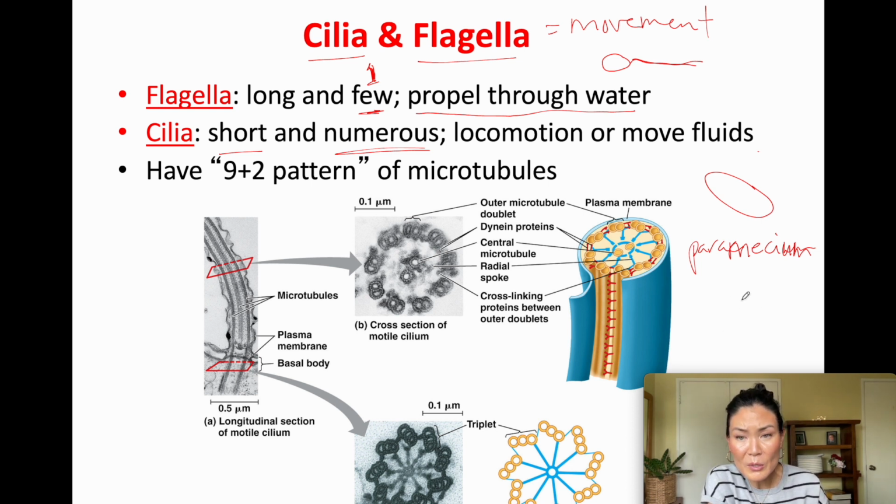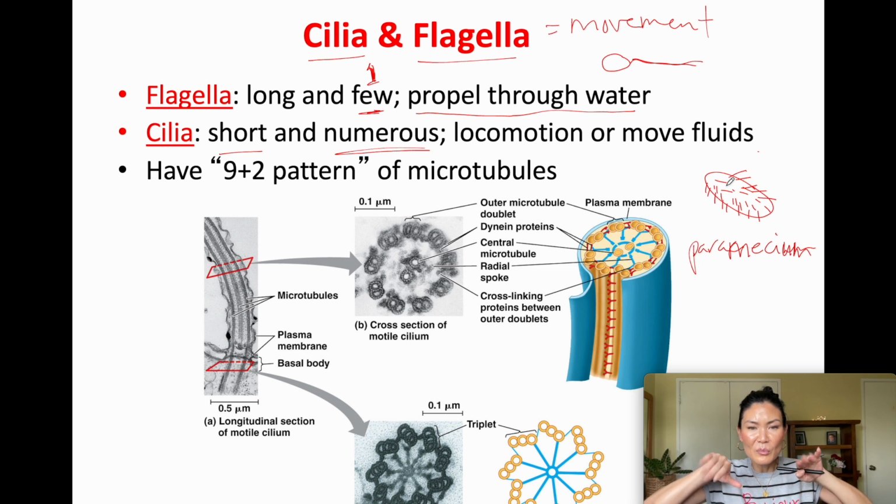They're a type of protist that lives in lakes, streams, and fresh water. They're covered by these short little cilia, and the cilia beat. They're like little oars that move the organism through the water.